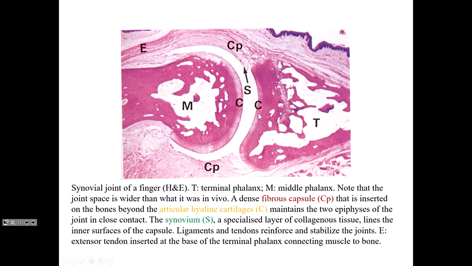So because there's no perichondrium, that means this cartilage had to form by interstitial mitosis. Remember, interstitial mitosis for the cartilage lecture. So here's our synovial space. Here's a capsule at the periphery. Here's our synovial membrane, shown here. Questions on this one?